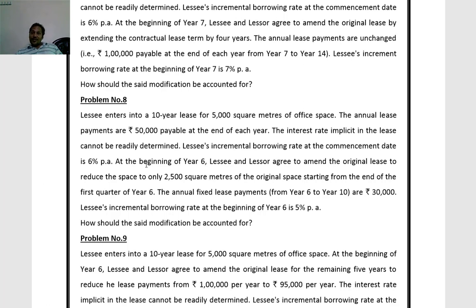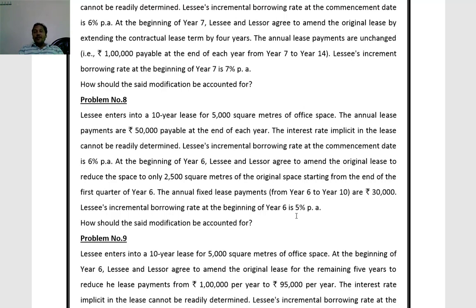So 50% we have to reduce lease liability and ROU asset. Then the difference will be adjusted to the P&L account. Then revised lease payments are 30,000. Based on that we have to calculate the revised lease liability at a revised discounting rate of 5%.